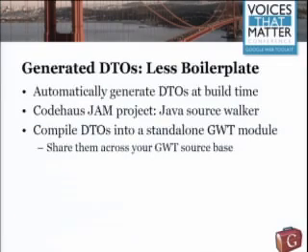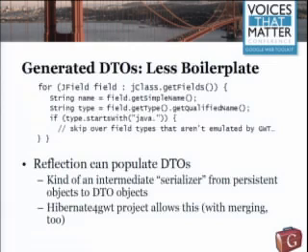So you can generate these data transfer objects. You can put them as part of the build step of your project. There's a Java Codehouse Jam project that lets you walk over a set of classes and render output from it. The API is fairly nice. You can compile these data transfer objects into a standalone piece of GWT code that all of your applications can use, so they're all consistent in that way. It structures your build process nicely.